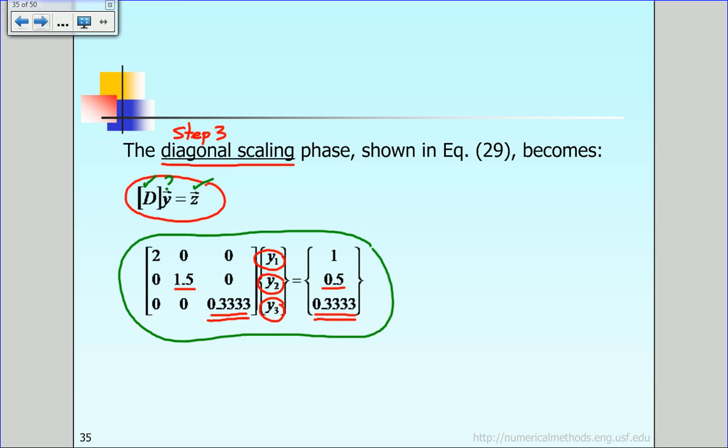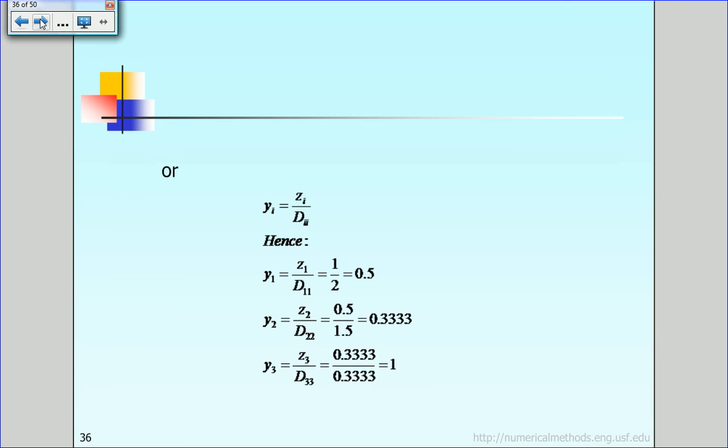This step is very straightforward and very easy, and that's why I call it diagonal scaling. At the end of this step, we were able to solve for the value of y1 equal to this much, y2 equal to 0.333, and y3 equal to 1. So this is the end of step number 3, which we call diagonal scaling.